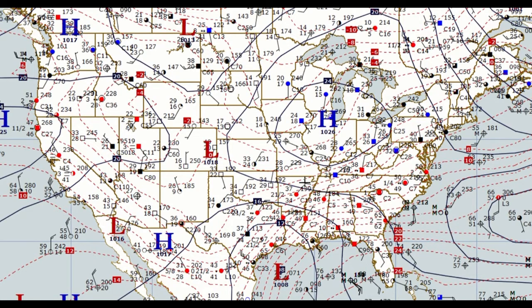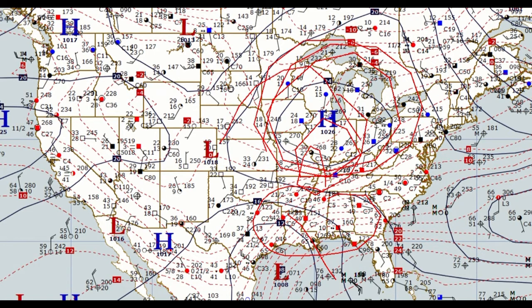Now if you look at just the red with the IFR conditions, that's a lot of warm air advection through here, and then that's getting pushed up over this cold air that is this high pressure system. It's just a big cold air moving to the southeast, and then that warm air starts riding up over that cold air, and then you'll get a stable environment.